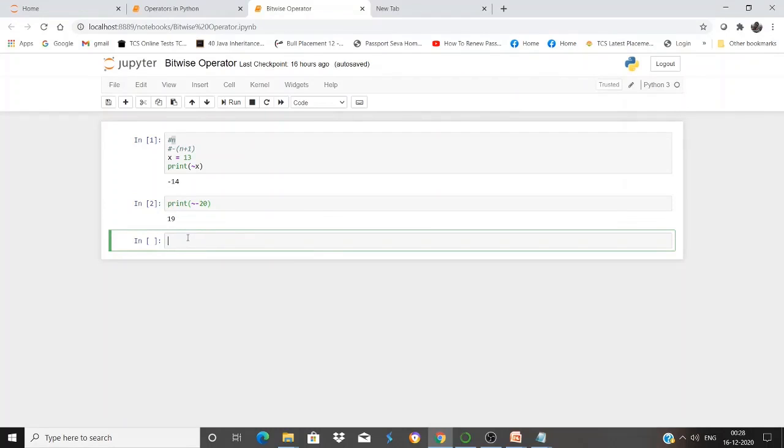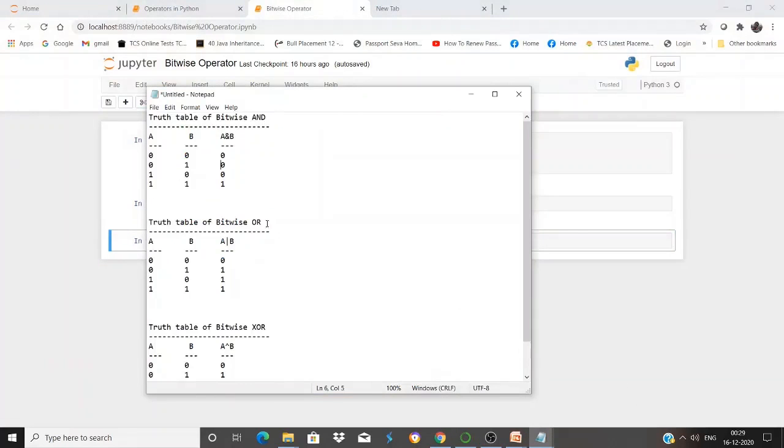Before giving an example of the bitwise AND operator, let me show you its truth table. If one bit is 0 and the other bit is also 0, then the output will be 0. If one bit is 0 and the other bit is 1, then also it will be 0.